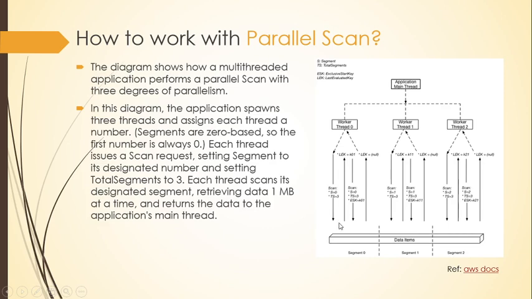And when you retrieve the data, suppose you are retrieving data larger than 1 MB, you will get a last evaluated key here, and you can use this last evaluated key and again send a request by passing the last evaluated key to the exclusive start key, and you will retrieve more data, and you can pass the result to the thread, and it will return back to your application main thread.